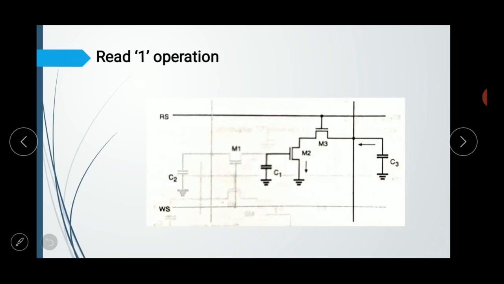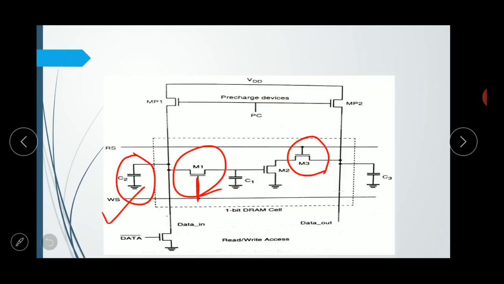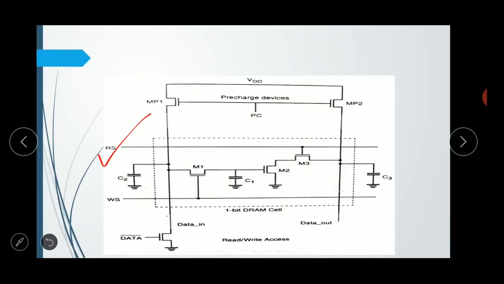Next is the read 1 operation. For the read 1 operation, first we do the pre-charge operation, then we activate the RS line. By activating the RS line, the transistor connected to this line, that is M3, is turned on.